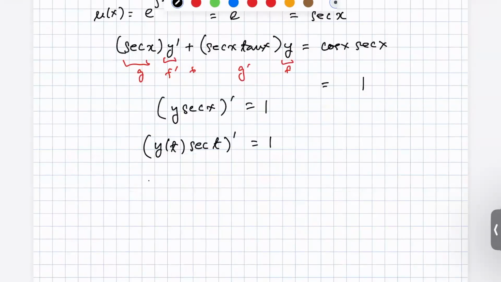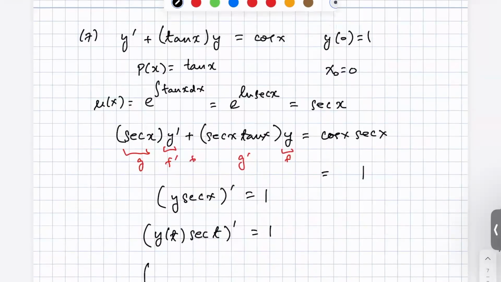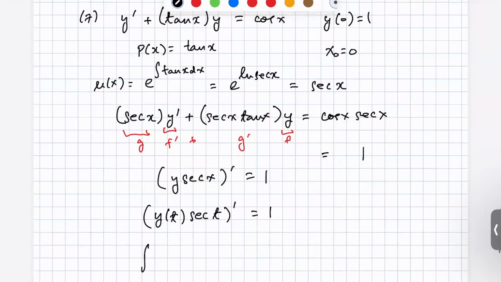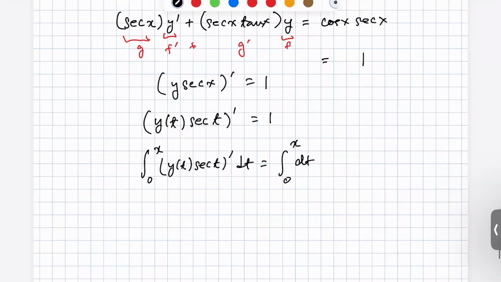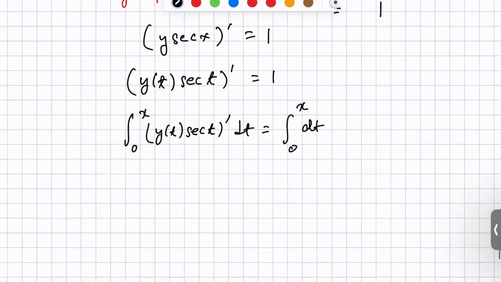And now let's anti-differentiate from my initial condition, which is x equals 0, up to x of (y of t secant of t)' dt equals 1 dt from 0 to x. The integral and the derivative cancel each other out.